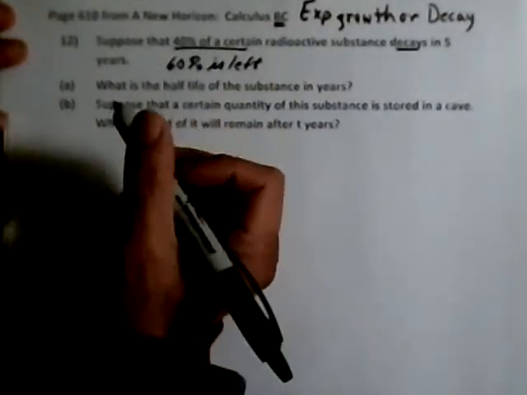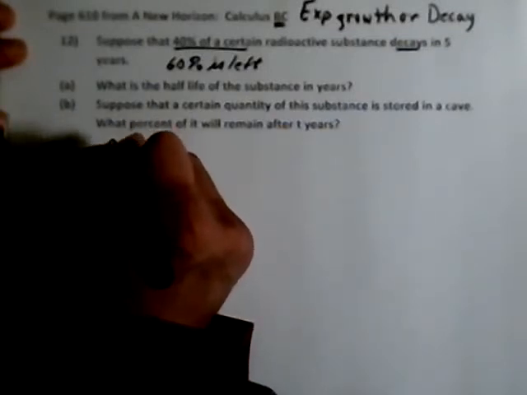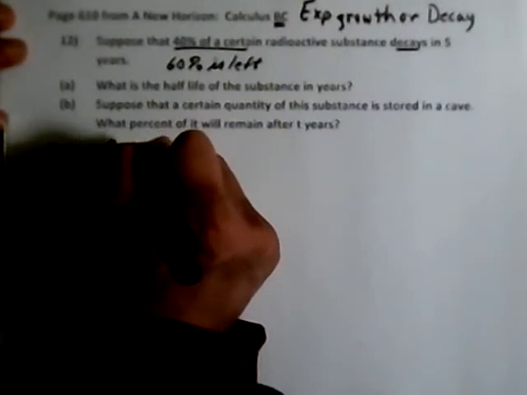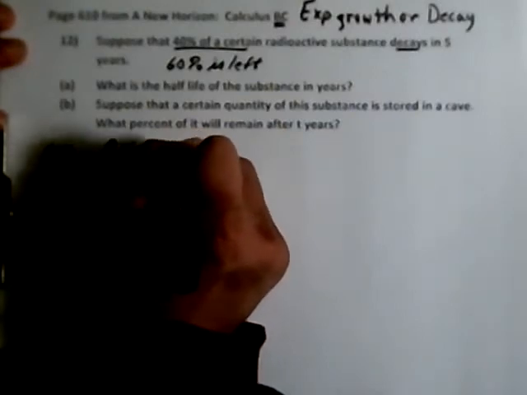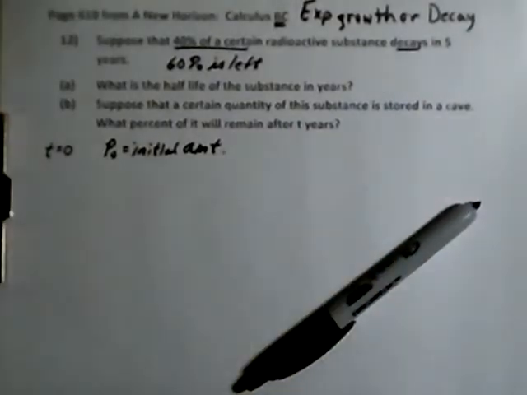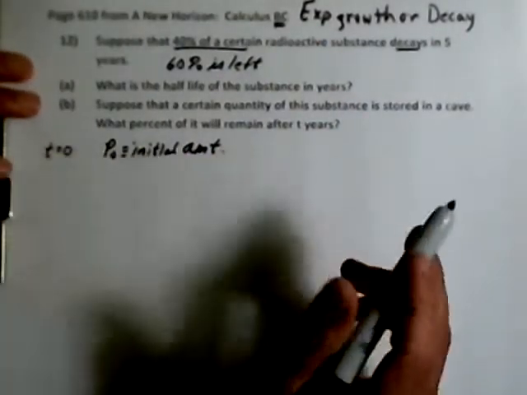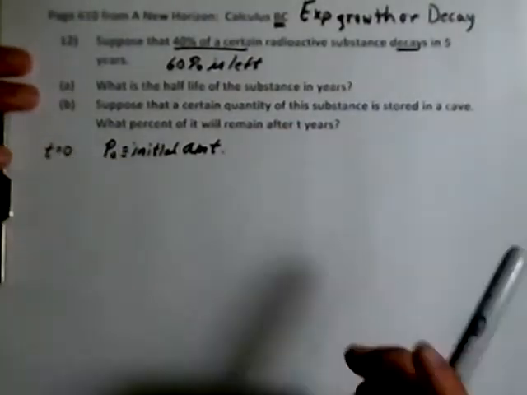And we're going to go at time t equals 0, whatever that initial time is. Let's call P naught the amount that's left, which is the initial amount. You can use C naught, whatever you want to use.